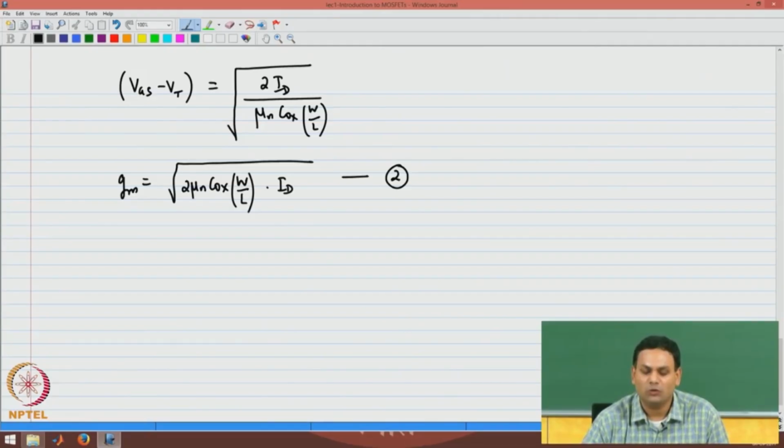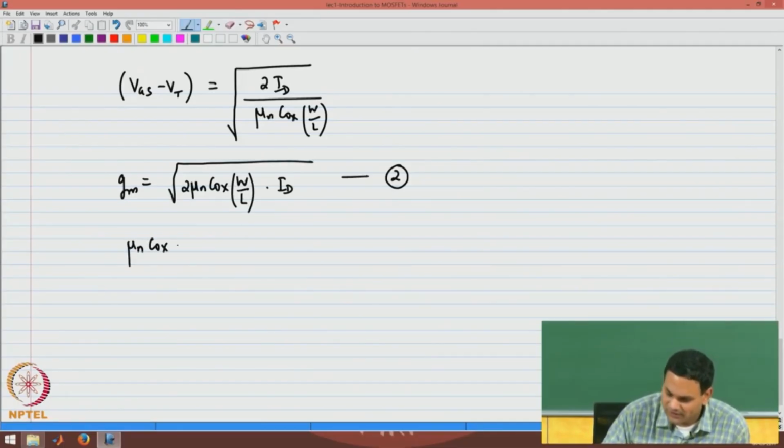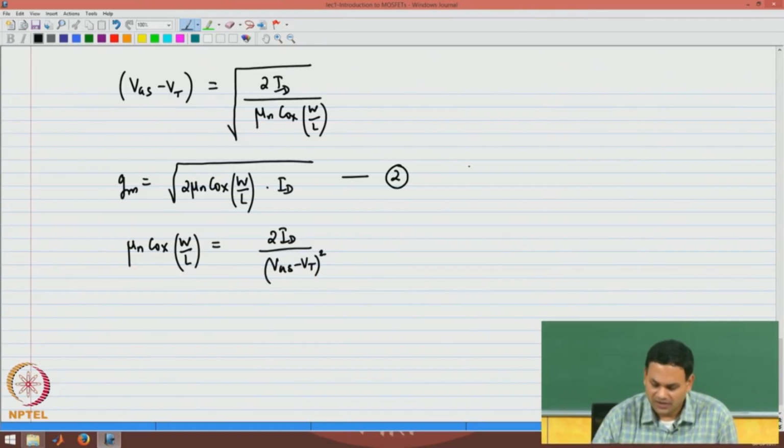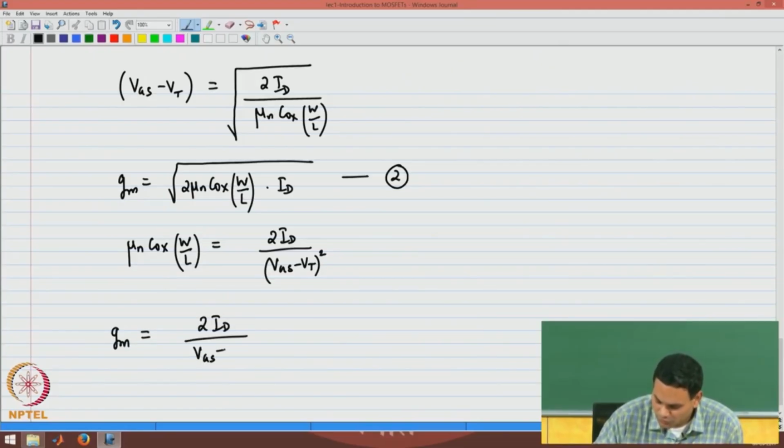And now I can also replace the device parameters mu n C ox W over L in terms of the current and voltage of the MOSFET. So, in other words, I can say that mu n C ox W over L is 2 ID over VGS minus VT the whole squared, and therefore, I get the third expression for GM, which is 2 ID over VGS minus VT.